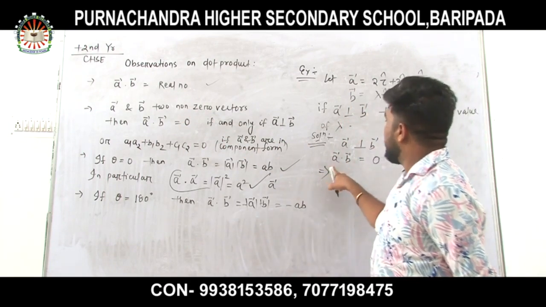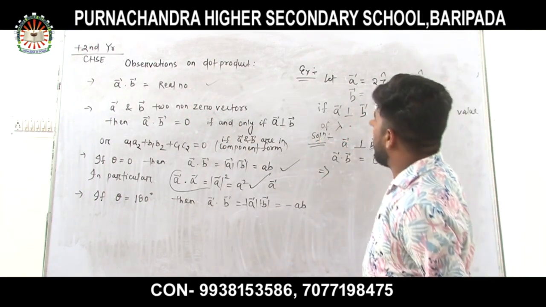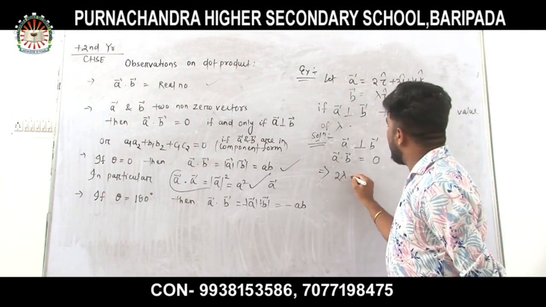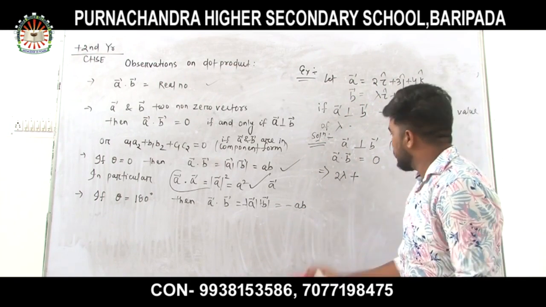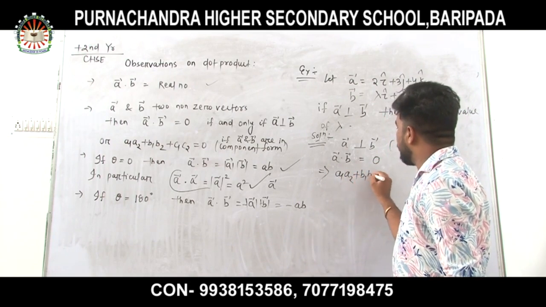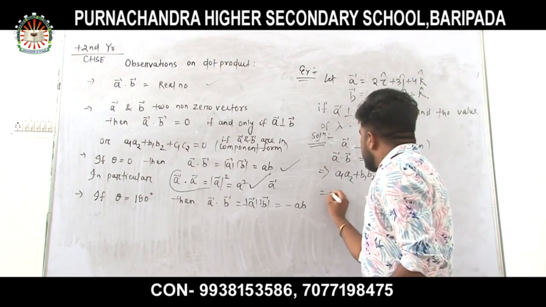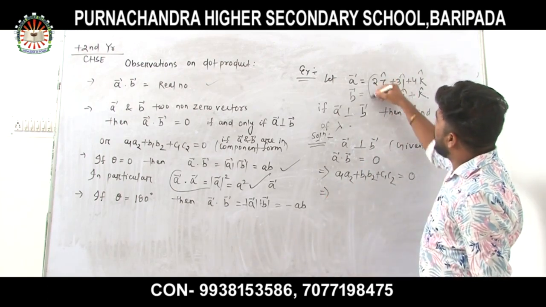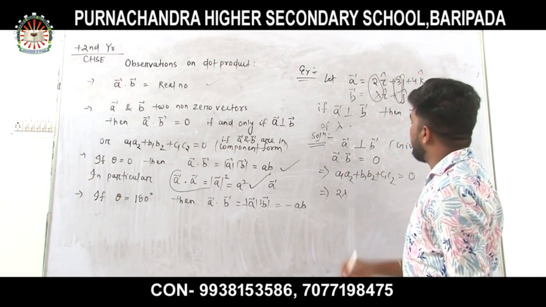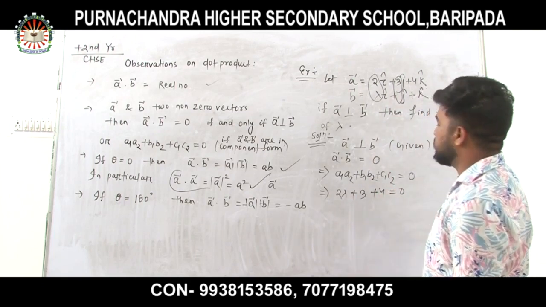A and B are in component form, so we use the formula A1 A2 plus B1 B2 plus C1 C2 equal to 0. That is 2 into lambda, 3 into 1 and 4 into 1. So 2 lambda plus 3 plus 4 equals 0.